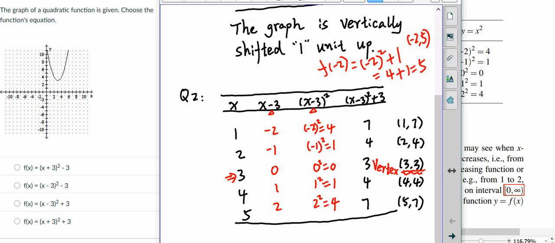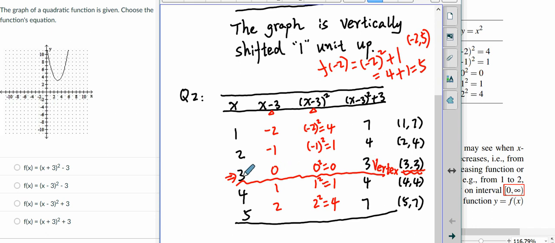And then our algebra, you can see, look at this critical line. If you plug in, x value was 3, and then 3 minus 3, you got 0. x minus 3 is 0, you square it, you still get 0. And then you add 3 on that, you have 0 plus 3, which is 3.